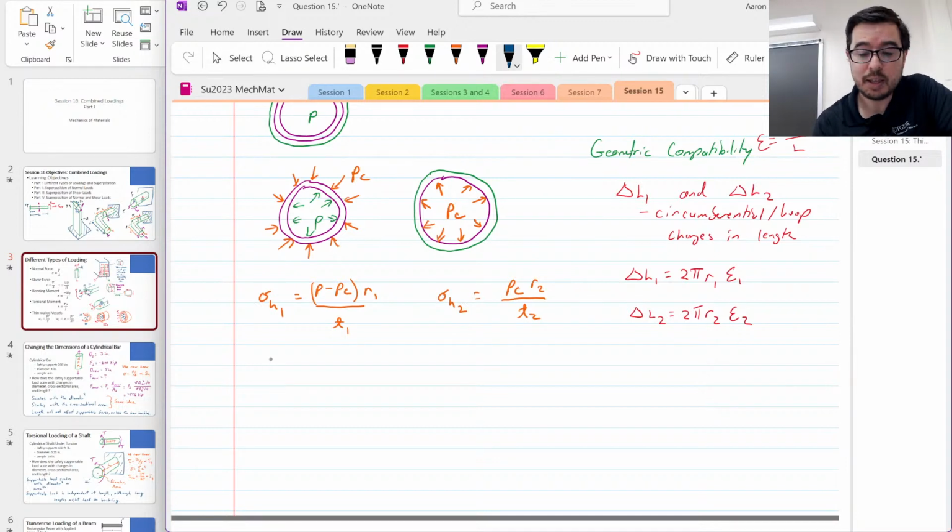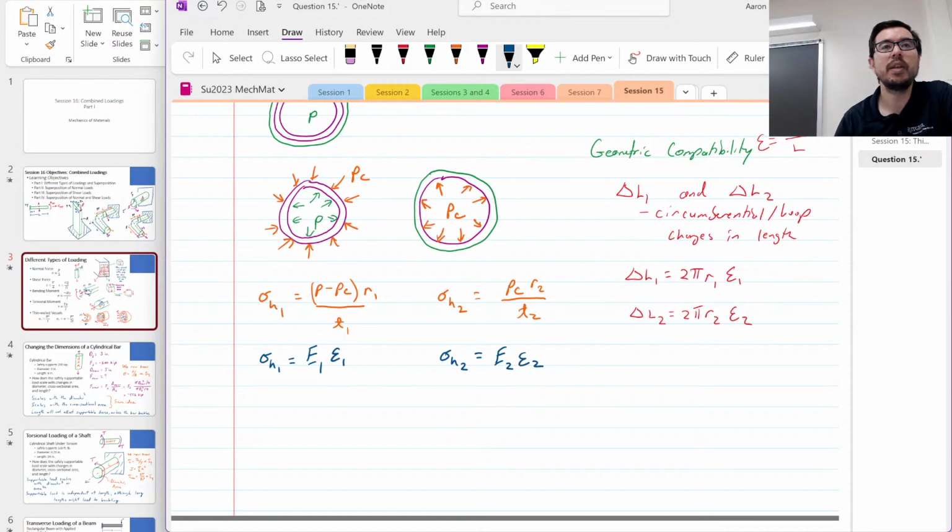So we can say that sigma H1 is going to be equal to E1 times epsilon 1, and sigma H2 is equal to E2 times epsilon 2. Okay, so now is it coming together? Yeah.